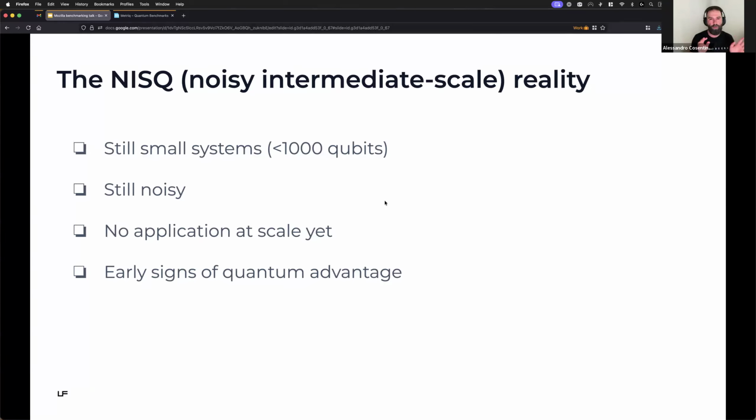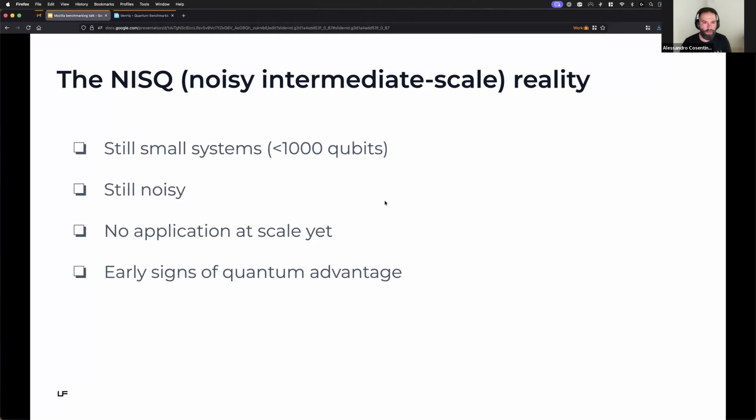I'm talking about the full memory of the system. It's not like a 64-bit console that has 64-bit registers. This is actually the full size of the memory that you have. In fact, we don't even have a distinction between different kinds of memories yet, because we are still at this regime, which is very small.